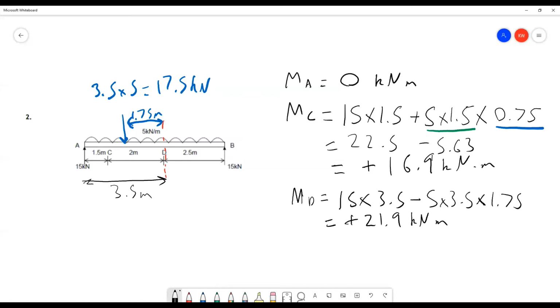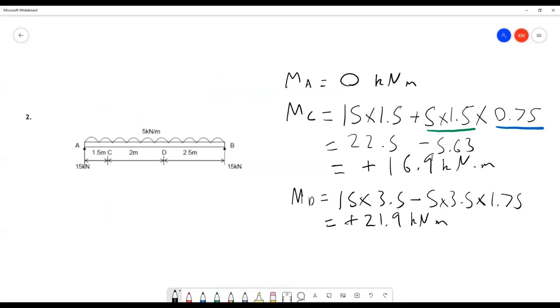And lastly, we're left with the bending reaction at B. So I'll just clear this off the diagram again. So B is the end of the beam. So we've got two things to consider again. We've got the force at A, which we know, and we'll have the force due to the UDL. Now the total beam length, if we add this all up, we can see is 6 meters.